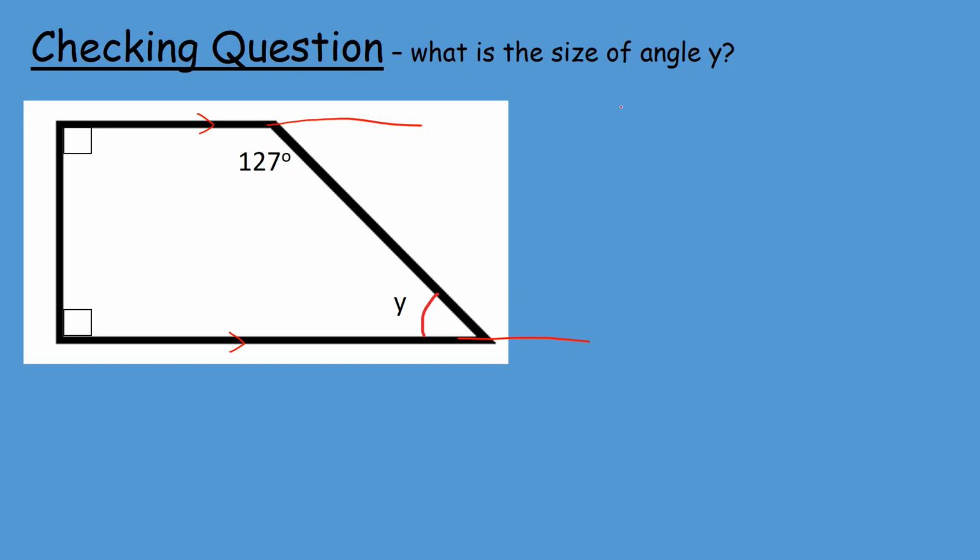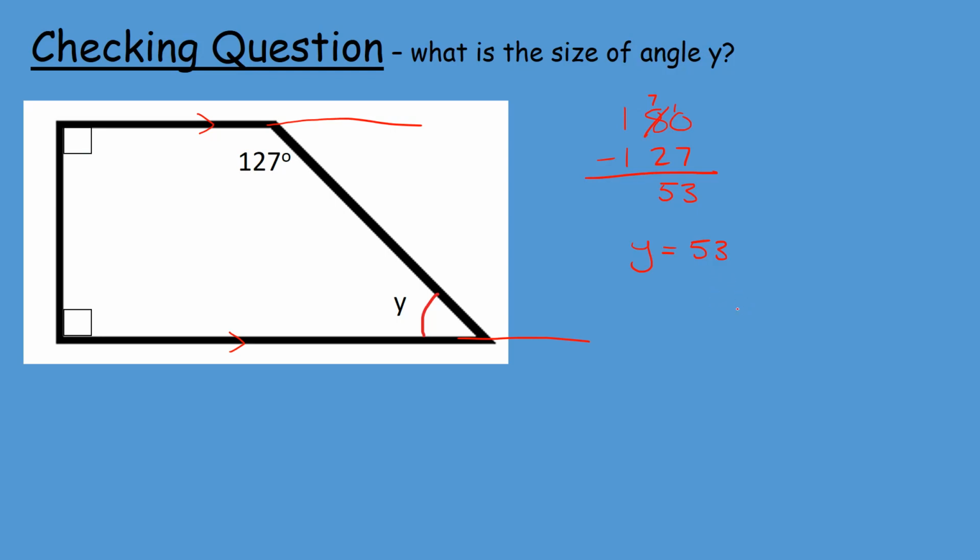So that's what I'm going to do here. I'm going to say 180 take away 127. Okay, so Y is equal to 53.